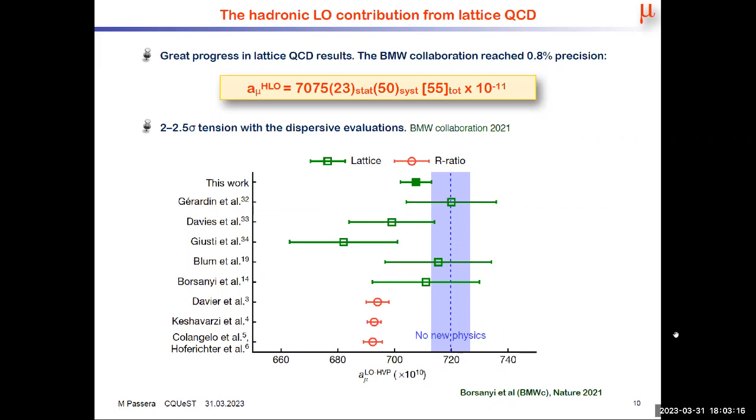Because there are many classes of new physics where these corrections scale, the naive scaling, as we called it, by (mμ/me) squared. Yes, so you just scale that. If you take the discrepancy in the muon, the one that I showed you before, and you scale it by me over mμ squared, as you say, then you see that actually you need just a little improvement.